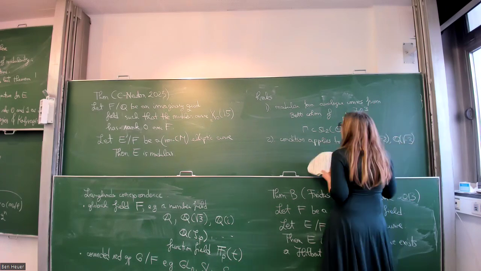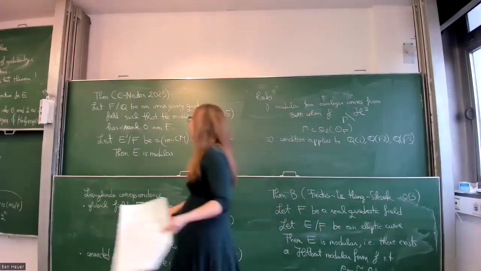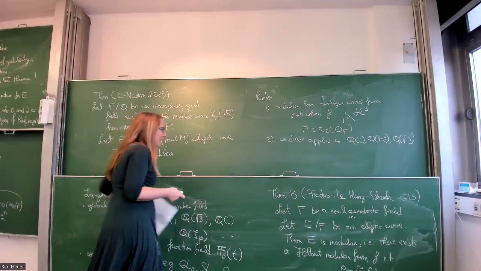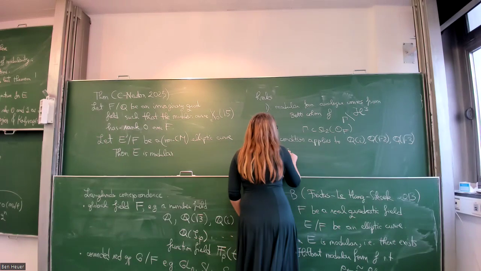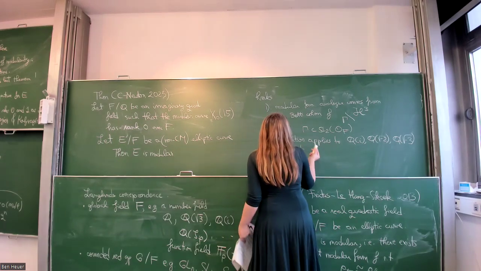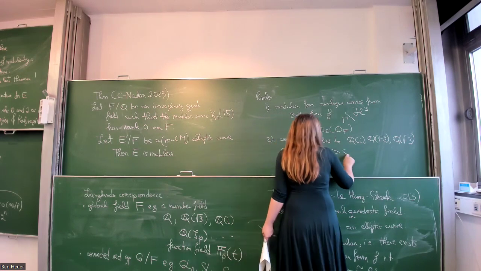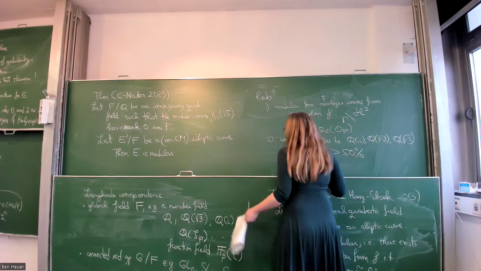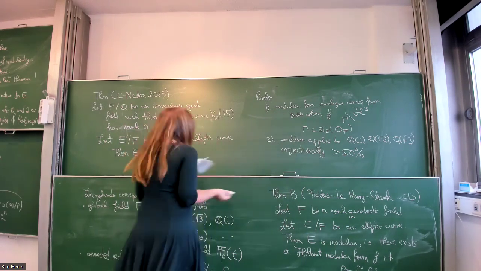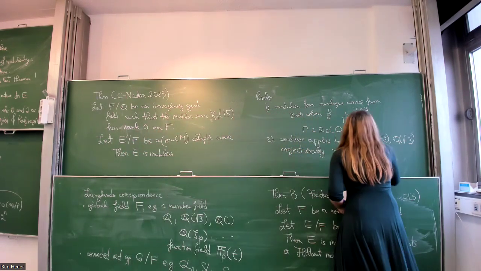And then I think you can go a little bit more and then you start seeing some fields over which the rank increases. But conjecturally, it's a little bit more than 50%. I think it's 53% or something, of imaginary quadratic fields.